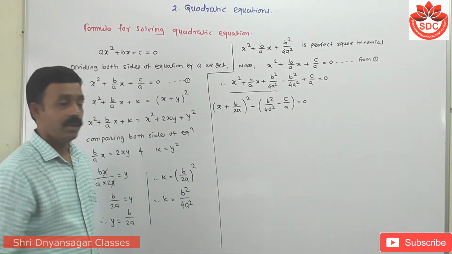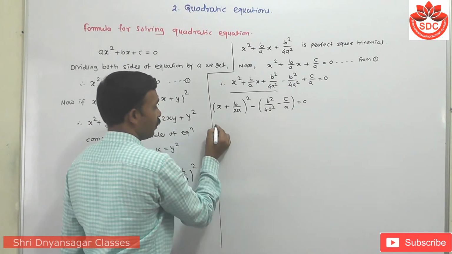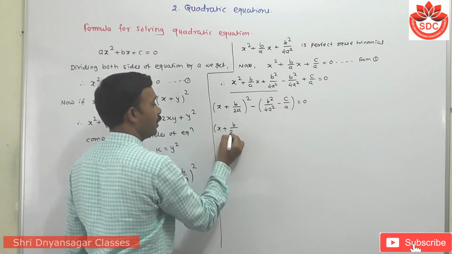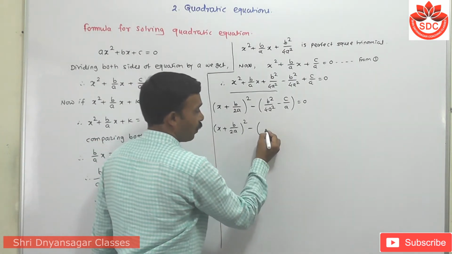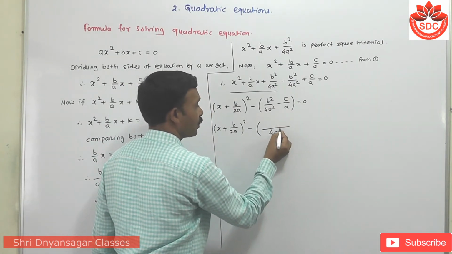Then taking the LCM of this, we write in the next step b upon twice a bracket square minus this value, having LCM 4a square.